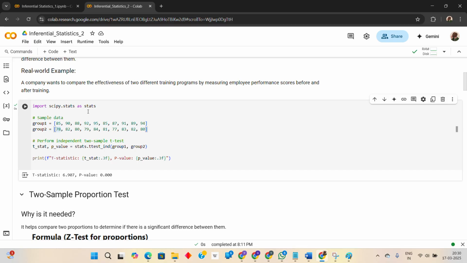So using Python, how to do it? In scipy stats, there is a function called ttest_ind, where ind means independent. You pass group 1 and group 2.